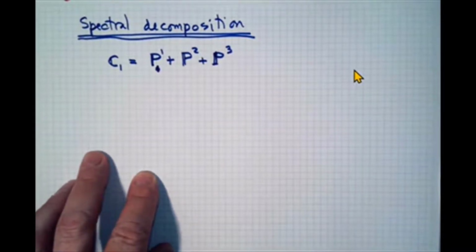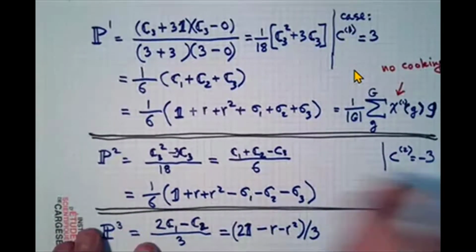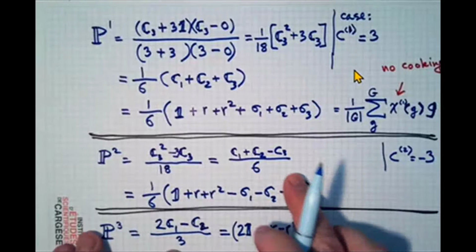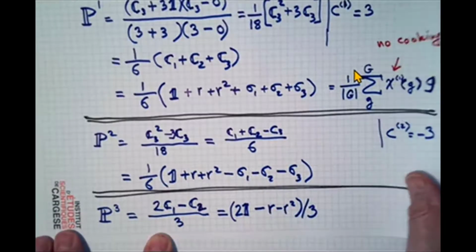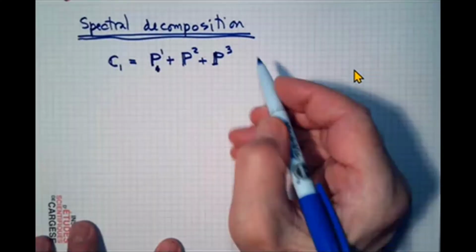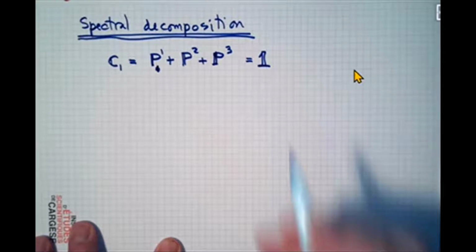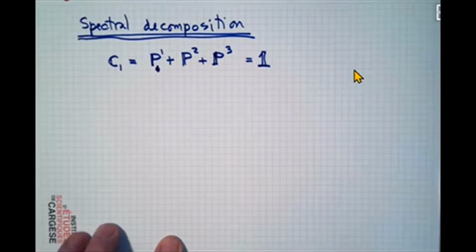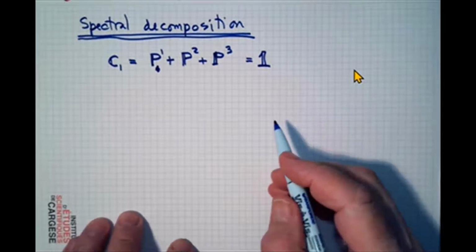Basically, you can see it: when you add 1 and 2, the third class cancels. We have to have a resolution of unity, right? So we know that by completeness, the sum of projection operators, so that algebra I should check out.